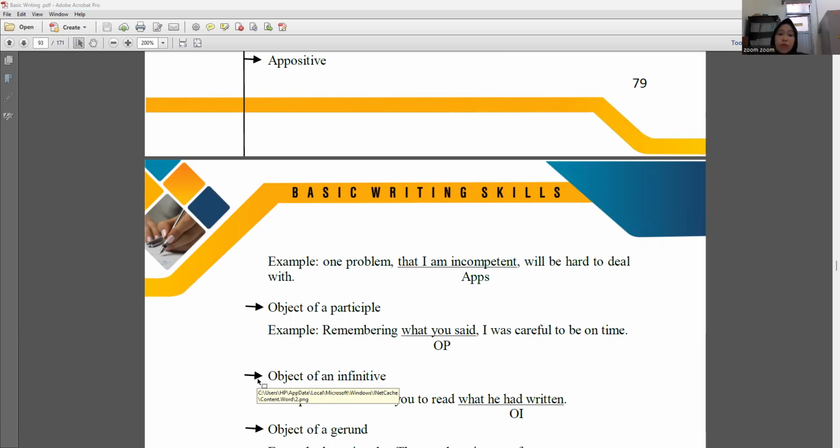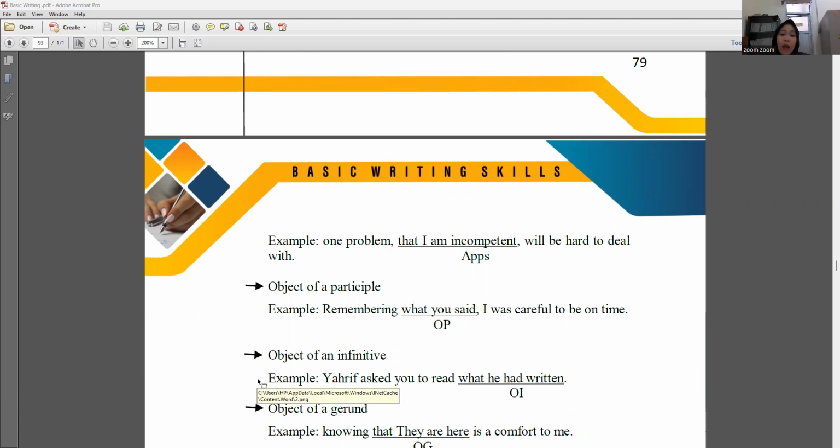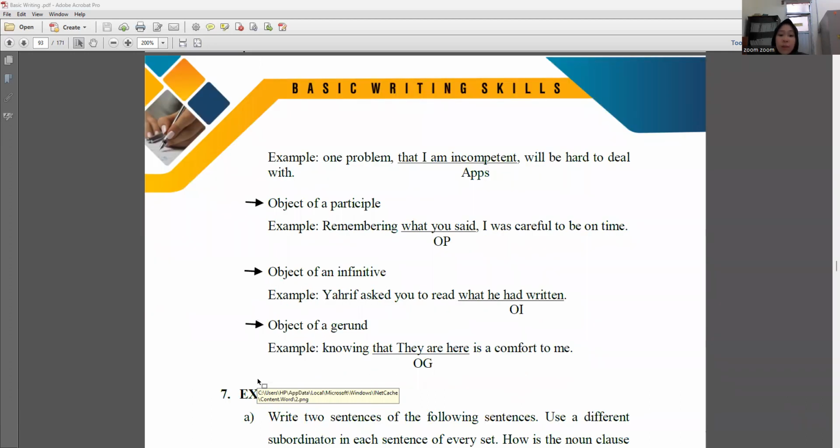I was careful to be on time. An object of infinitive, for example, Yahri asked you to read what he had written, and what he had written is the object of an infinitive. And the last one, it's as gerund. Yeah, for example, knowing that they are here is a comfort to me. They are here is an object of gerund.